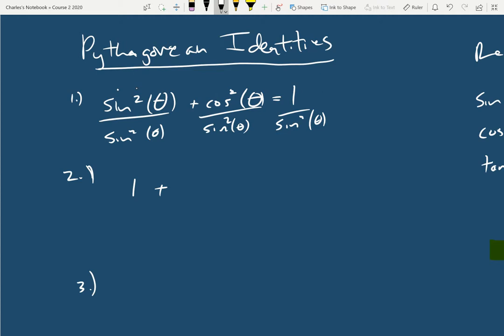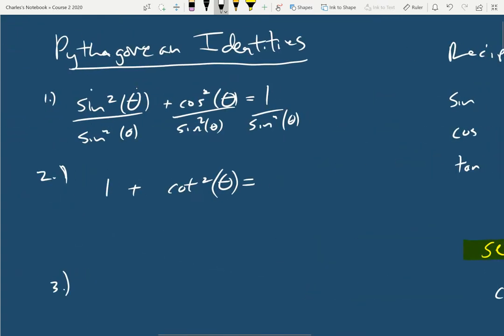So cosine over sine is cotangent. So this is 1 plus cotangent squared of theta is equal to 1 over sine, which is cosecant, so this is cosecant squared of theta. That's one of the 3 Pythagorean identities.